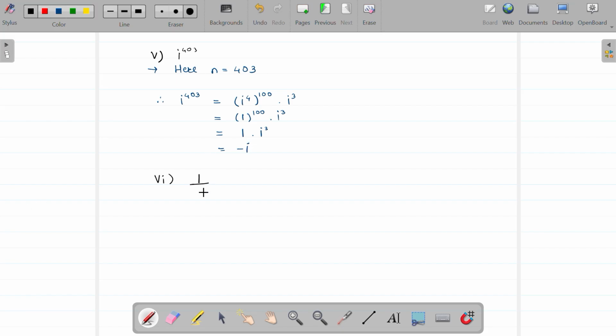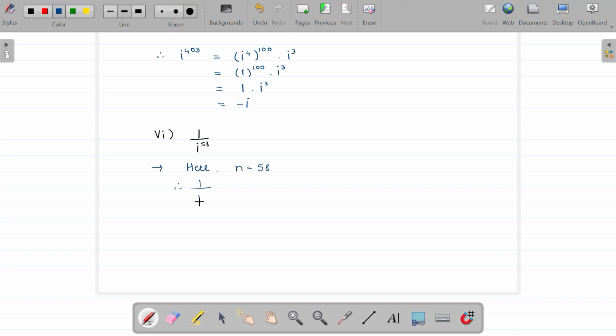Next one, 1 upon i⁵⁸. Here n is equal to 58.